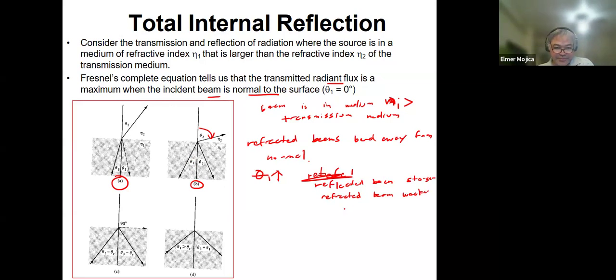Now, how about here? 90 degrees. So this is an angle of incidence equal to 90 degrees or exceeding, because here I show 90 degrees, and here it is exceeding 90 degrees.